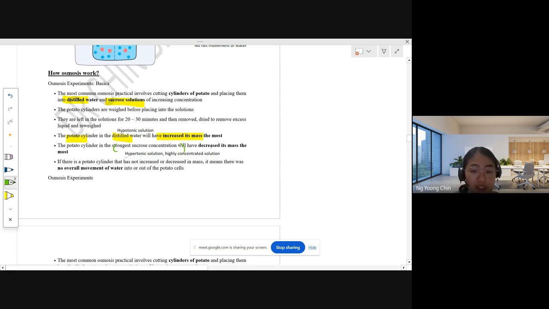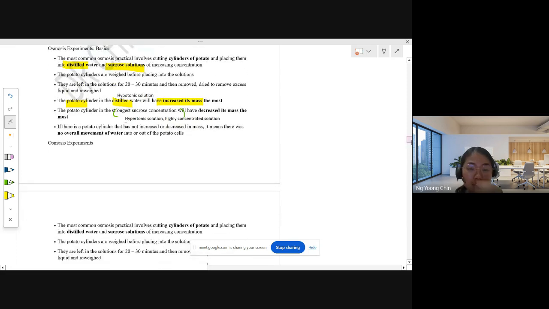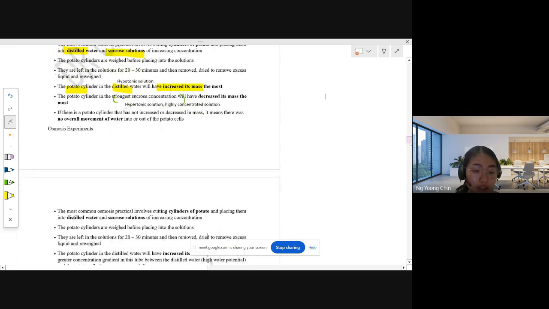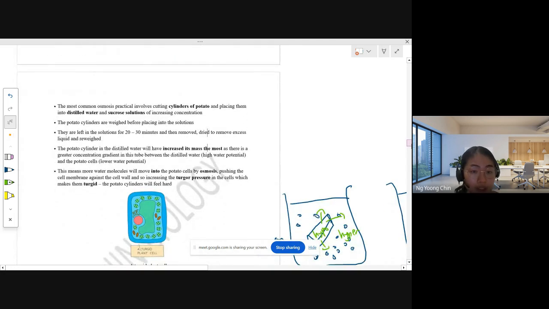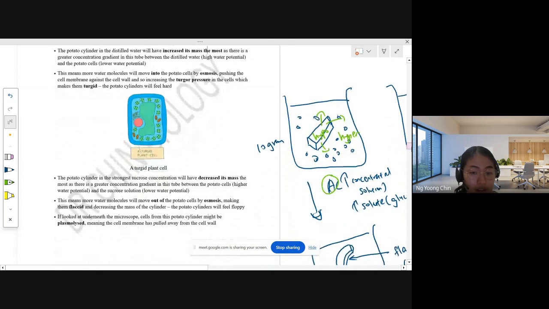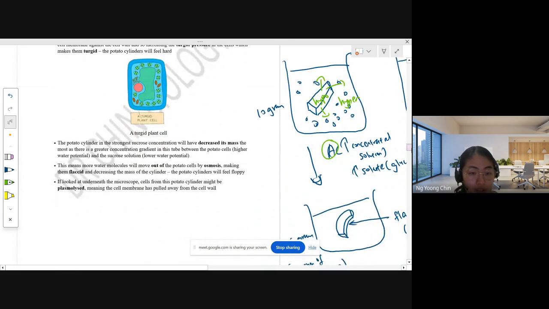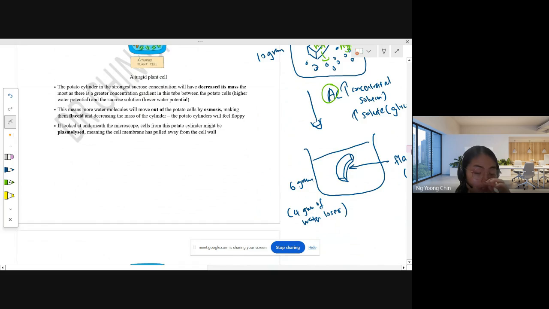When they lose water, they will reduce in mass. So this is a kind of experiment that you can do in your school. So that's it. You can read on your own.